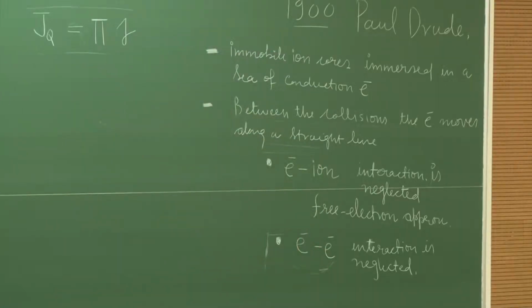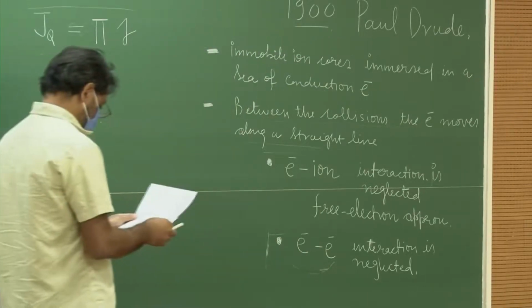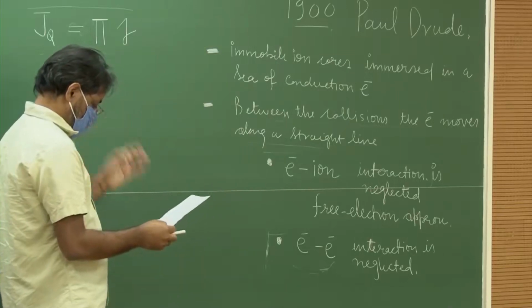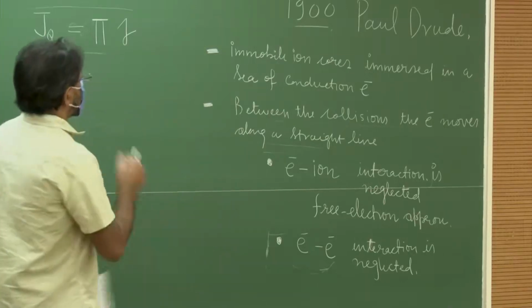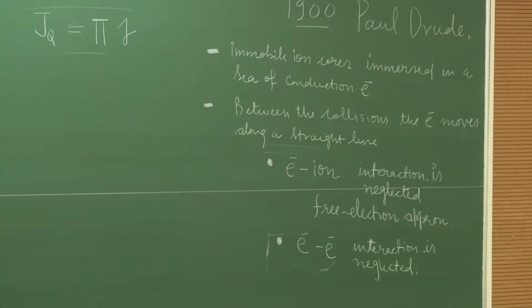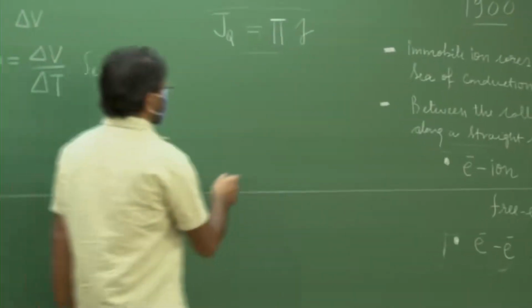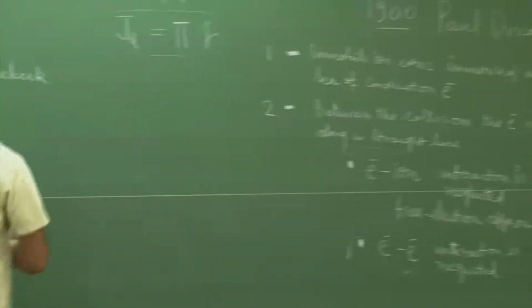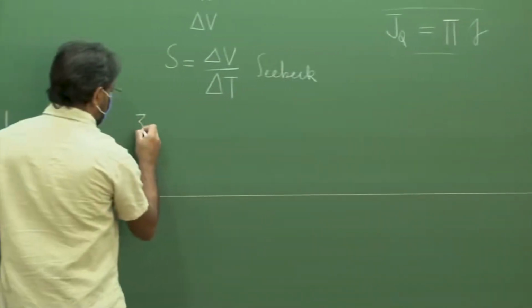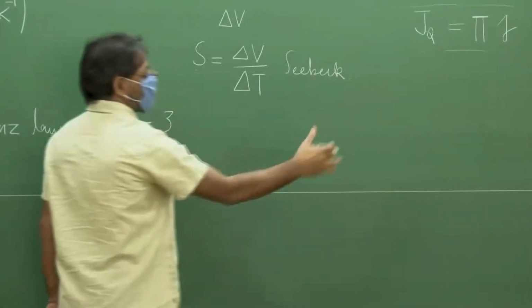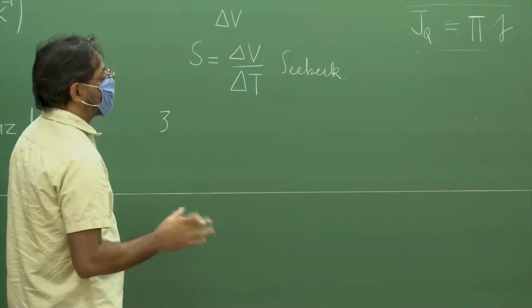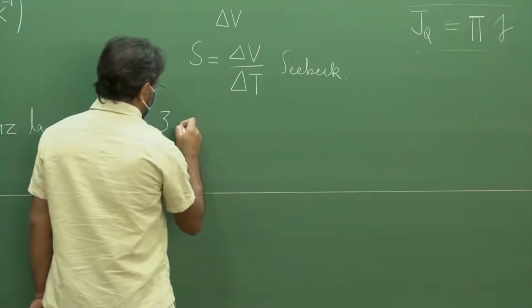Very good. Okay, the next point. Let me continue with this. So this is 1, this is 2, and let me write 3 here, because once these assumptions that Drude made while writing his model are clear to you, then you will appreciate everything afterwards.